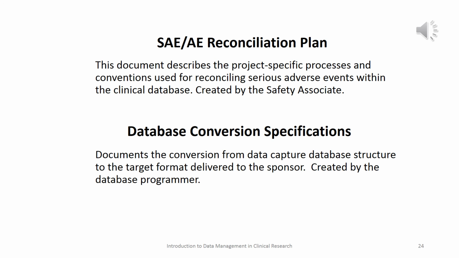So it's important to understand that we collect adverse events in our clinical database, and then we also maintain during the course of a trial a safety database that's managed by our safety team. And so the safety database contains serious adverse event data. And so throughout the trial, we want to do a reconciliation so that we know that the same terminology that we're using in our serious adverse event database, our safety database, is also being deployed in our normal clinical database.